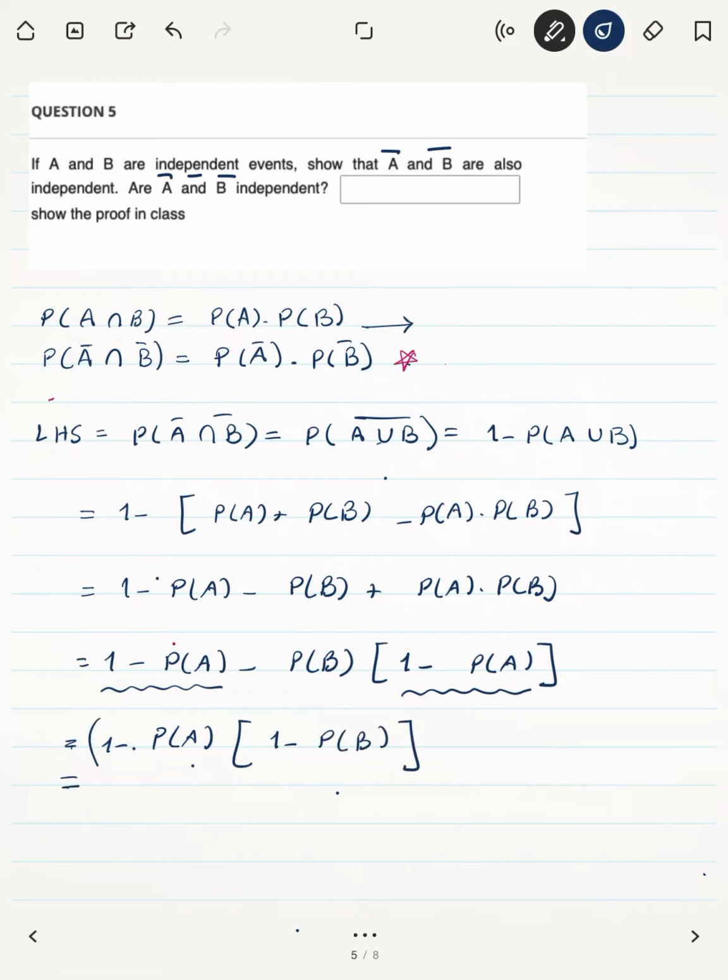So this is going to be probability of A complement times probability of B complement. So now we showed that the left hand side is equal to the right hand side. So A bar and B bar are independent.